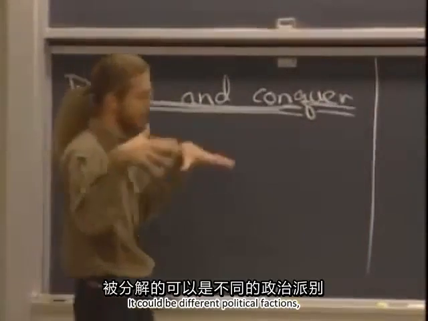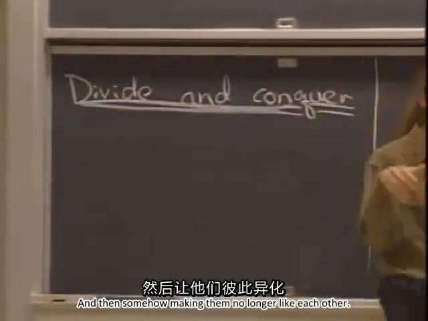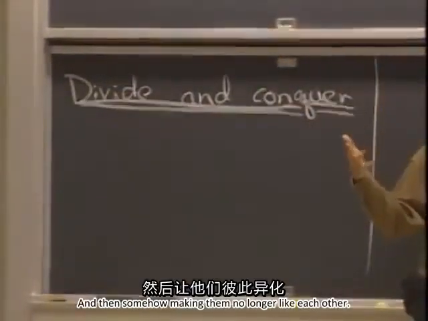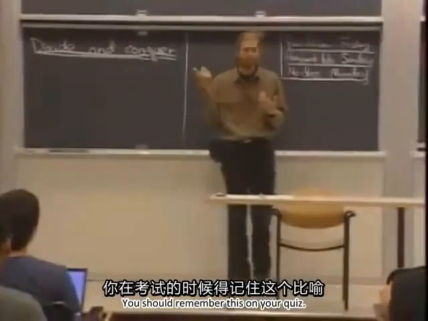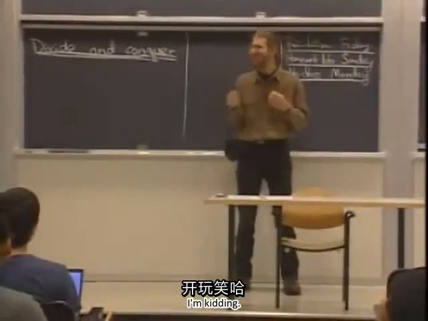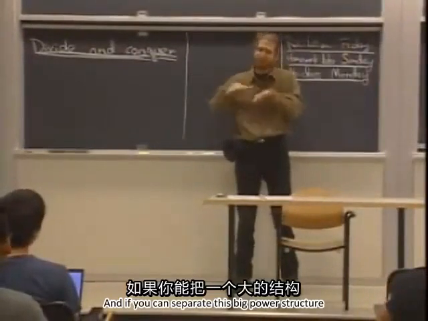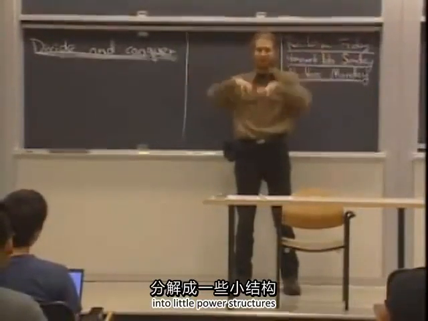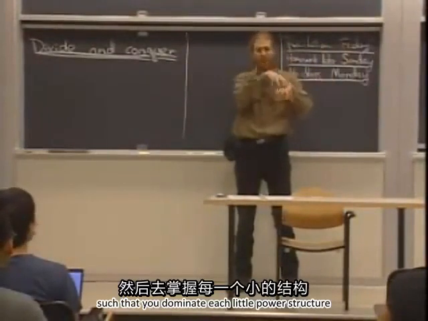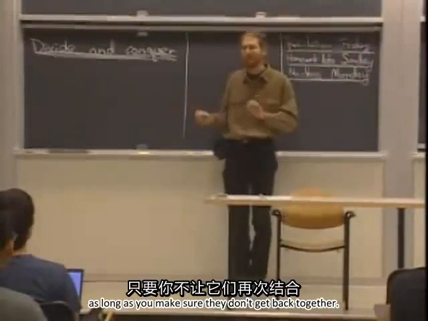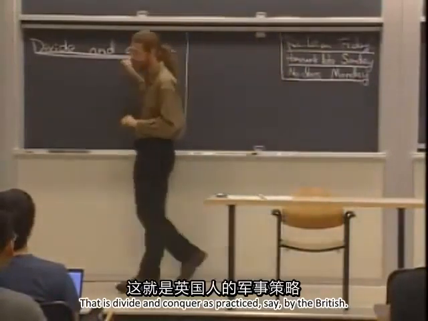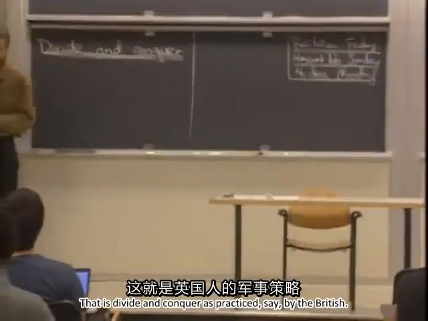Could be different political factions, and then somehow making them no longer like each other, like starting a family feud is always a good method. So you should remember this on your quiz. I'm kidding. If you can separate this big power structure into little power structures so that you dominate each little power structure, then you can conquer all of them individually, as long as you make sure they don't get back together. So that's divide and conquer, as practiced, say, by the British.